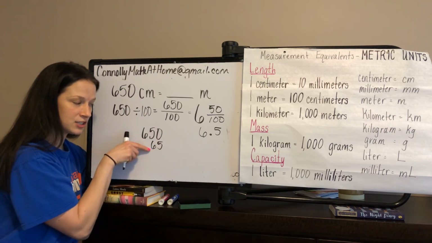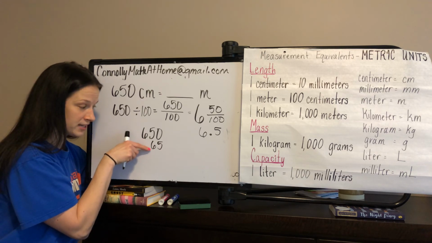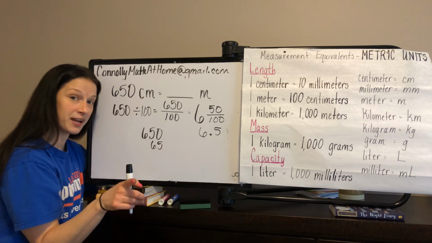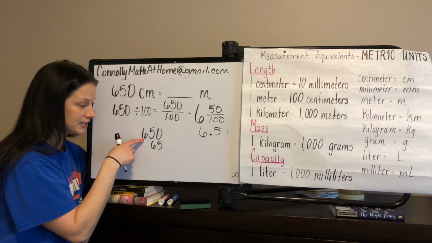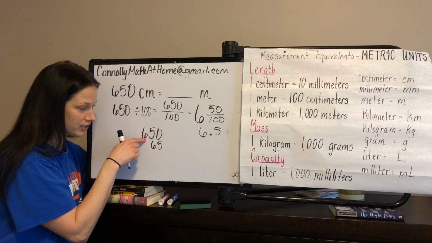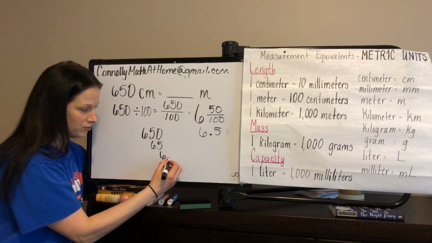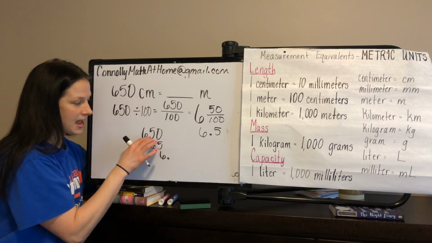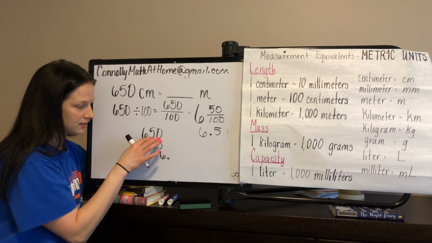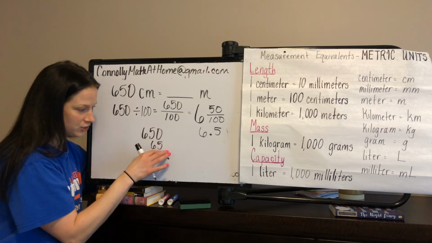So do you see how the digits are shifting when you're dividing by 10? One time. If I divide by 100, let's see what happens. So I'm going to divide 600 by 100. My digit 6 is shifting 2 place values over to the ones place. And 50 divided by 100 is 50 hundredths.